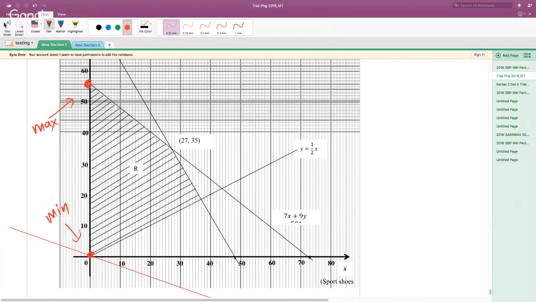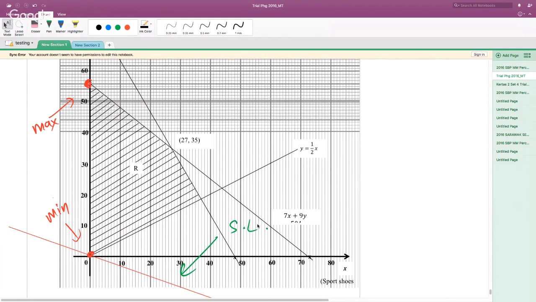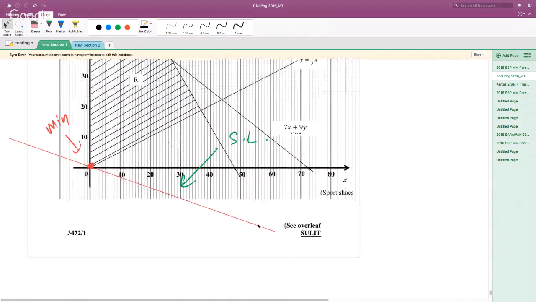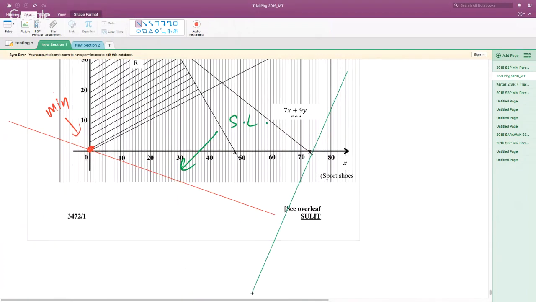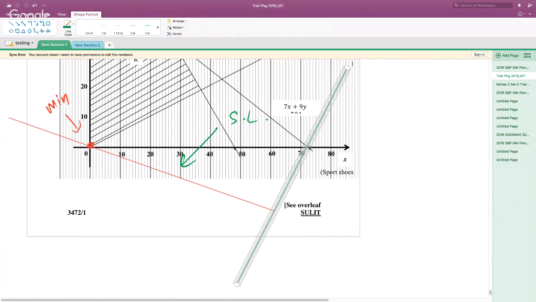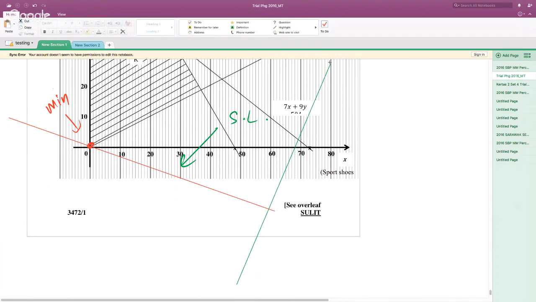Now the problem is a lot of students have no idea how to draw this straight line. So you have to learn how to draw this straight line, and also how to move the line parallelly. Normally I use two rulers to do that. I will put one of the rulers over here, making sure it moves parallelly, and that it is at 90 degrees.